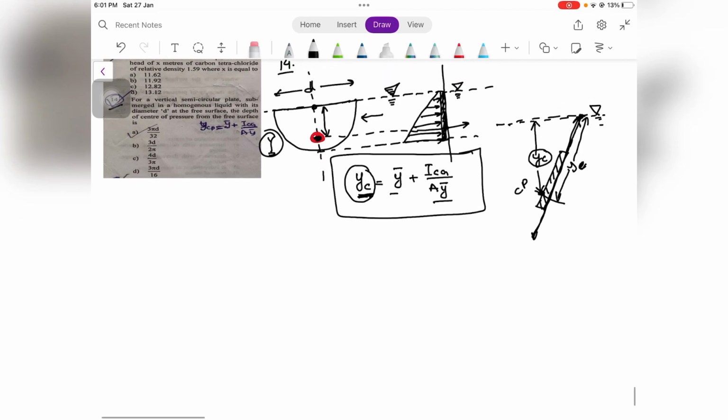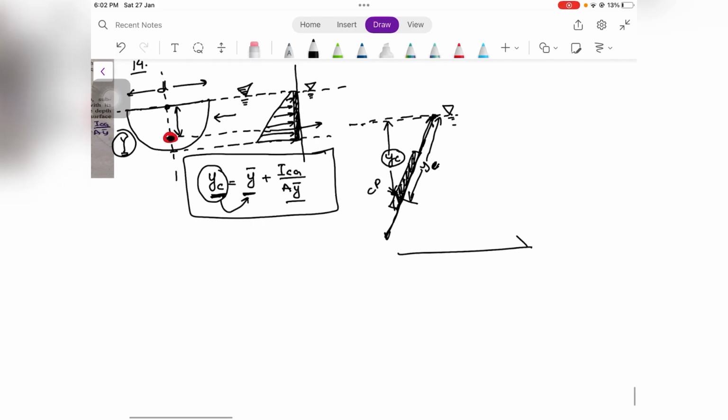All right, so now coming to the next term, Y bar. Y bar is the depth of the center of gravity of this plate. Let us say that this is the free surface and a plate is immersed like this. Now this plate would have the center of gravity somewhere on its surface.